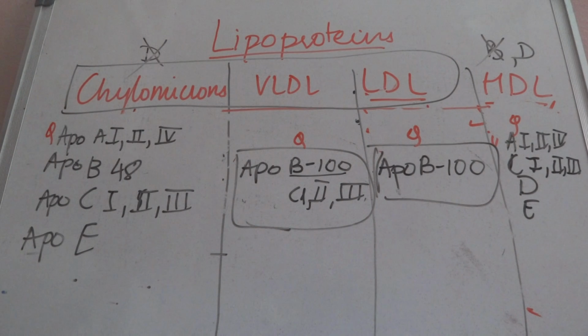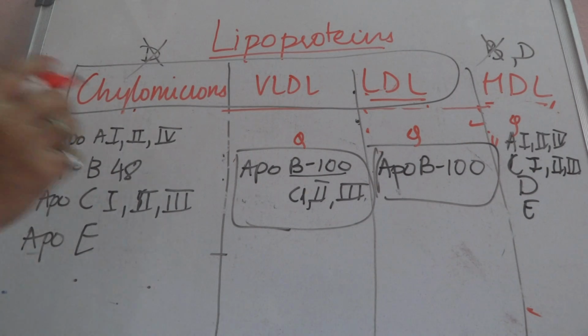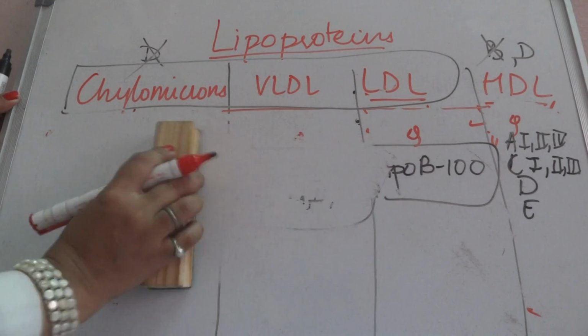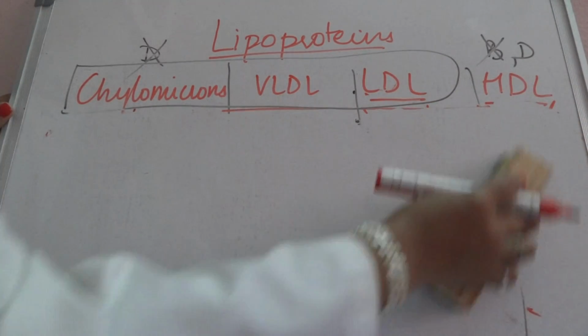So you have to remember the function of lipoproteins, from where they are synthesized, how many apolipoproteins are there, and their physical properties. Now one more important point that is asked is the electrophoretic mobility.